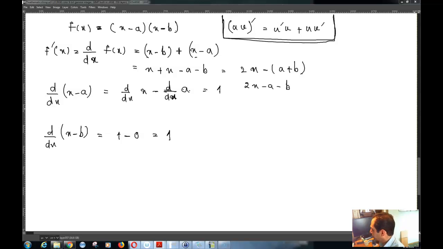So the second part of this question is you want to find the derivative of, for example, ax squared plus b, all squared. Let's say your f of x is equal to (ax squared plus b) all squared.